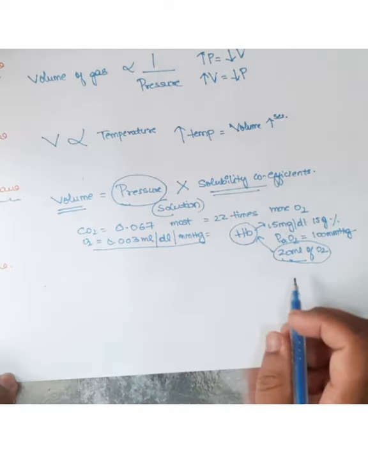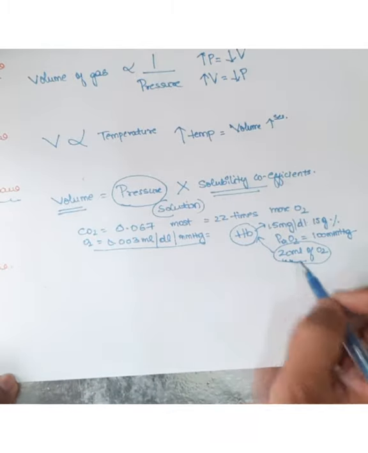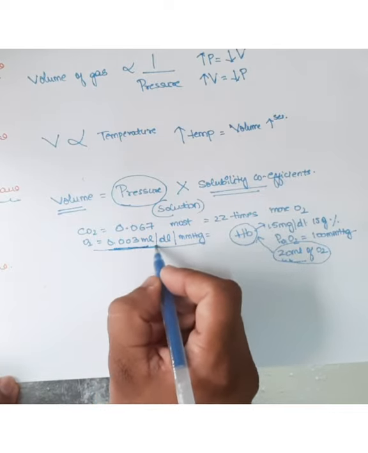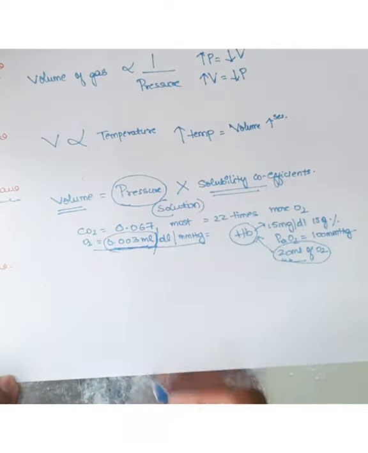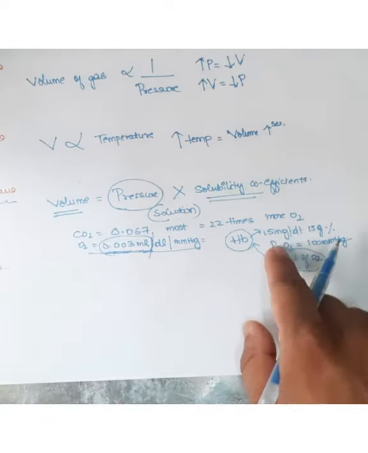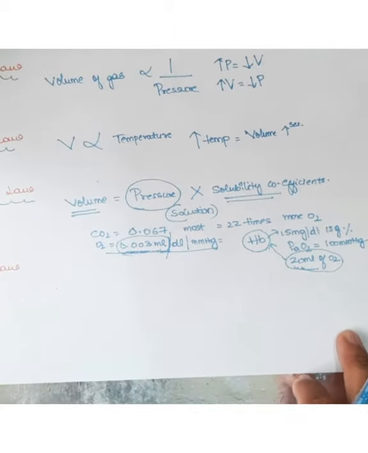Think of a situation if there is no hemoglobin: only 0.003 ml would dissolve in 1 deciliter of blood or of water. So we would have been so hefty, heavy and larger, and our body would have been filled with blood only. We would have had 400-500 liters of blood to carry so much oxygen. So to prevent that, we do have hemoglobin which carries oxygen.